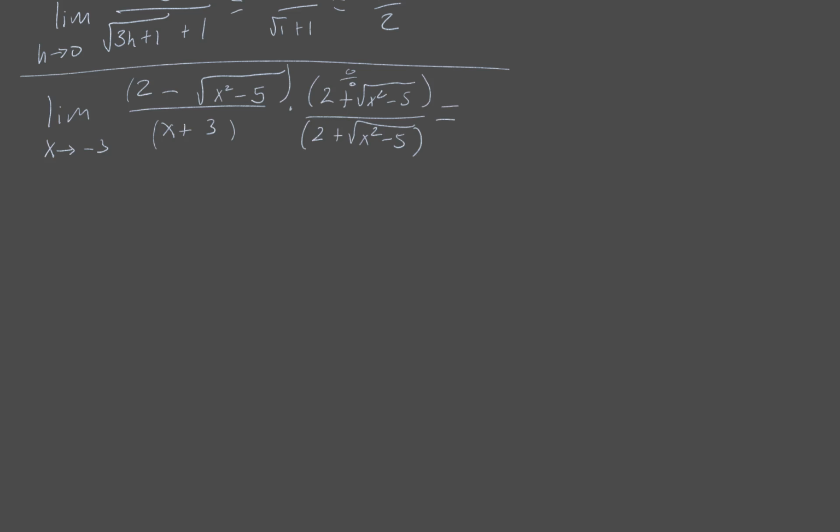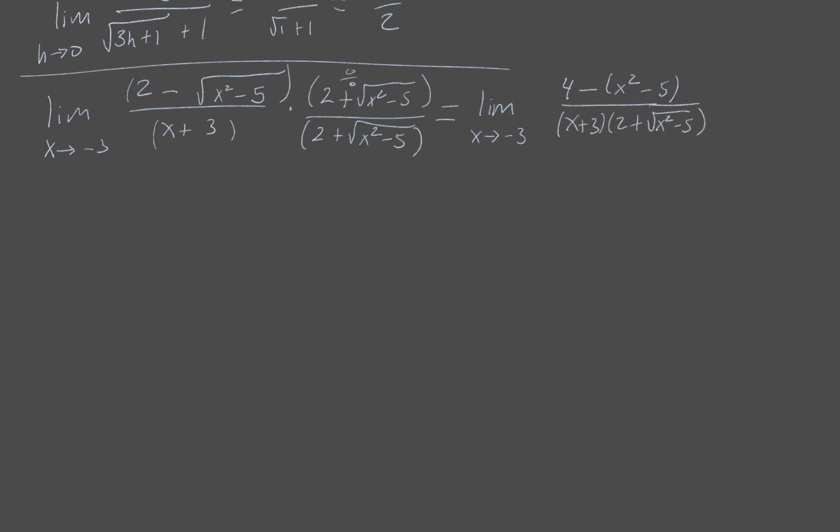And the top is going to be, we haven't taken a limit yet, so we write that down still, the limit as x goes to negative 3 of 4 minus x squared minus 5, right? And then on the bottom, I have an x plus 3, and I have a 2 plus the square root of x squared minus 5.